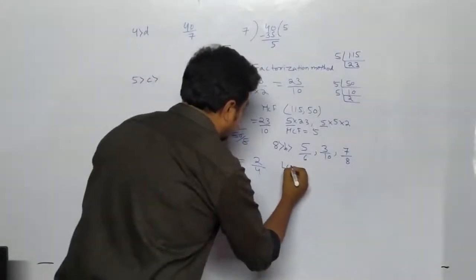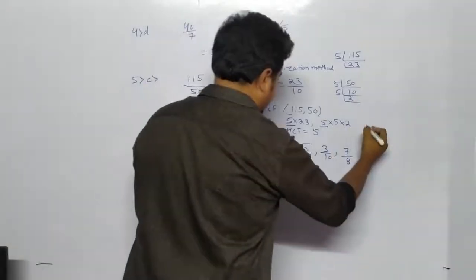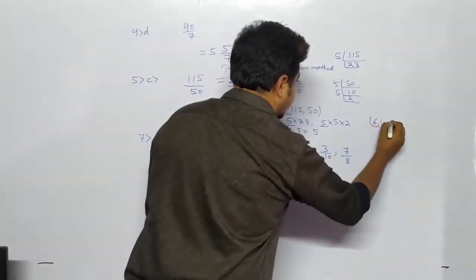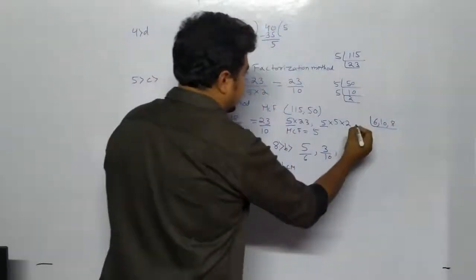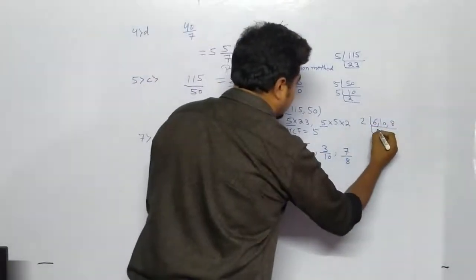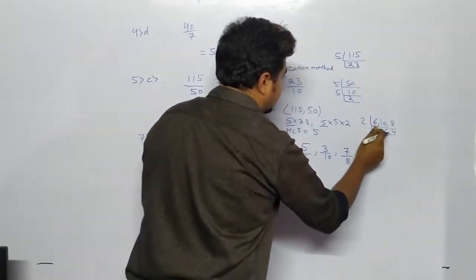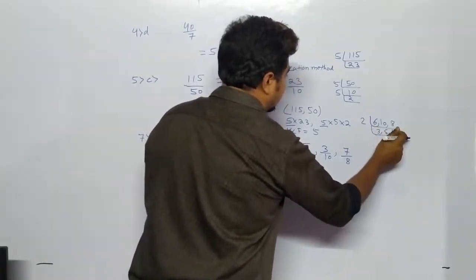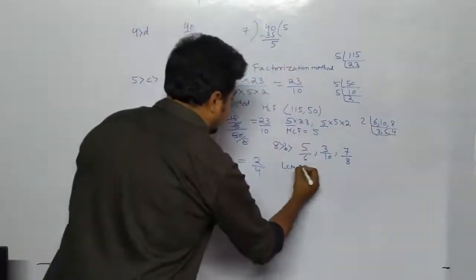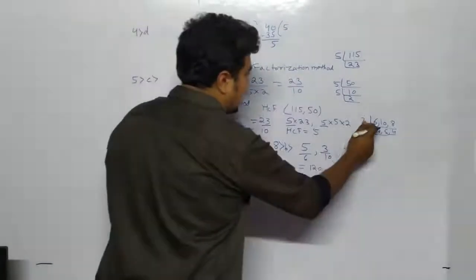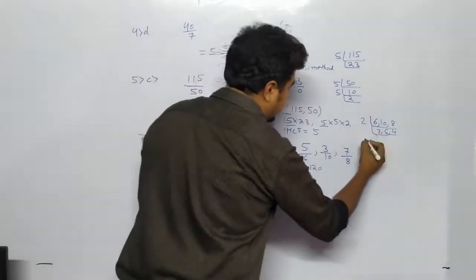First you take the LCM of 6, 10 and 8. You can take 2, then 3, then 5 and 4. 2 into 3 is 6, 6 into 4 is 24, 24 into 5 is 120. You have got 120 as the LCM. Now no other factors are there.